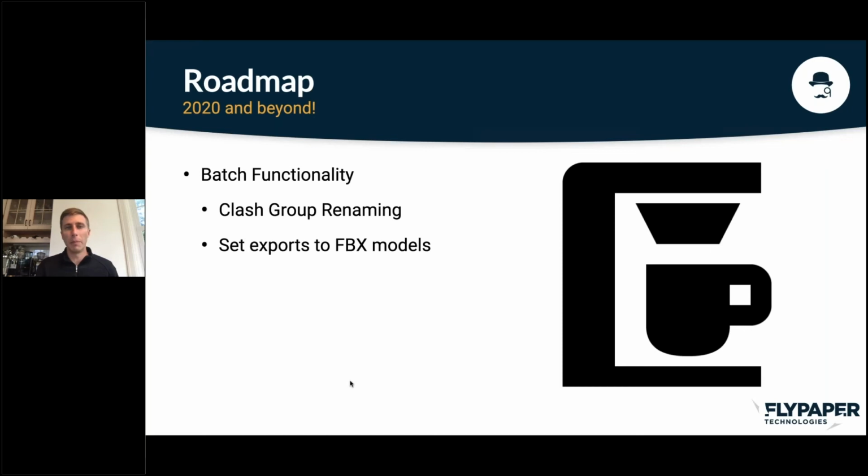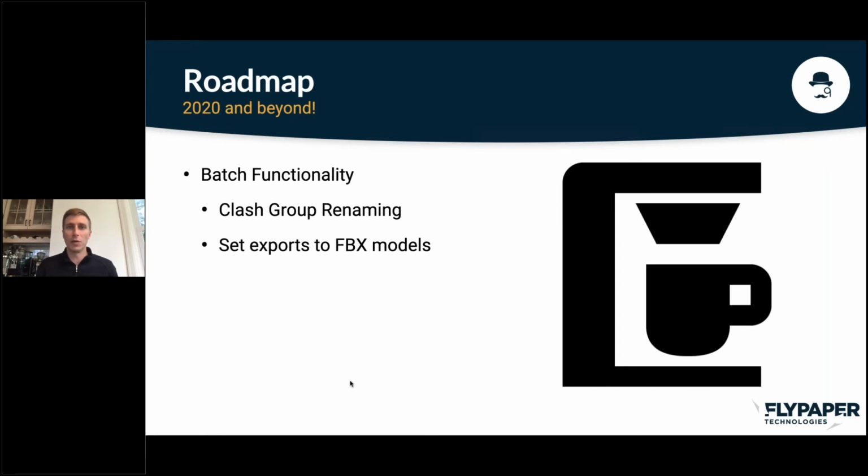So we have been developing an automation for that, where you just select all of the search sets you want to isolate and export, and our tool takes care of the rest. You don't have to select a selection set, hide everything else, isolate it, click FBX export, and move on, and then repeat that process over and over again, which could take hours depending on how many selection sets you need to export.